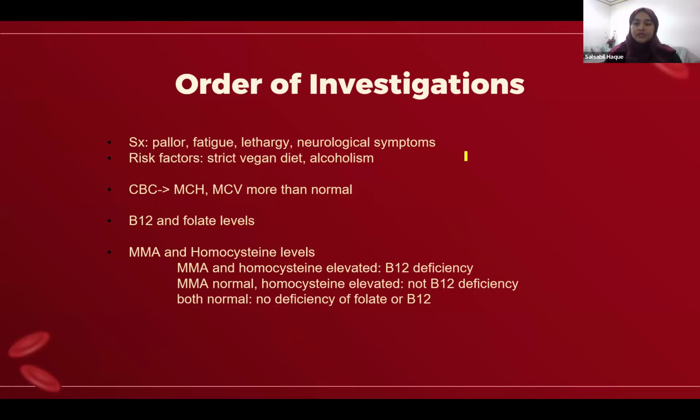And then if you find out that there is B12 deficiency, can someone tell me what you would want to order next? Like what anemia would we want to rule out? Intrinsic factors, perfect. So we would want to rule out pernicious anemia.